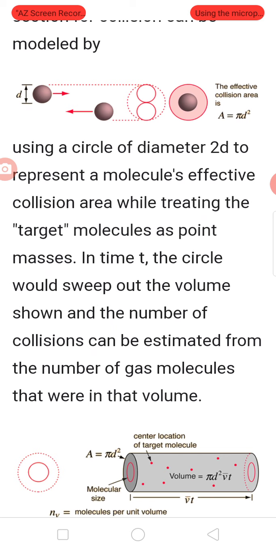So when two molecules collide among themselves, the effective collision area will be represented with capital A, and that is equal to pi d square.